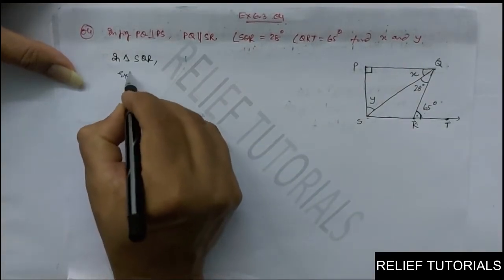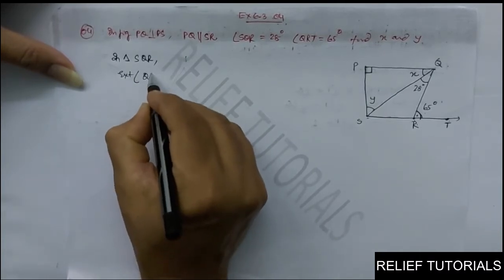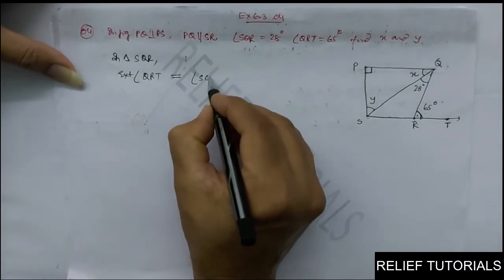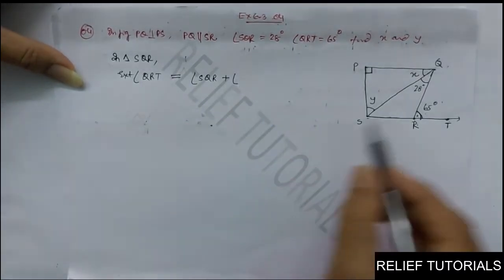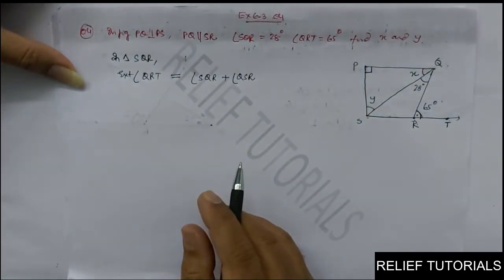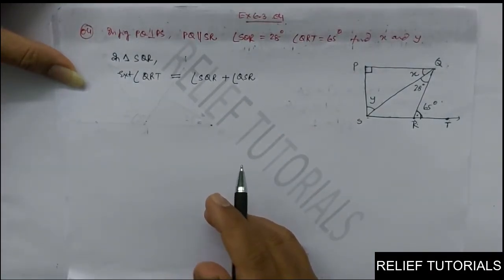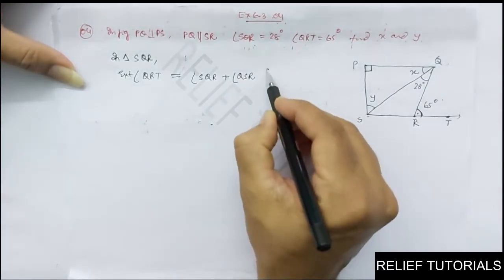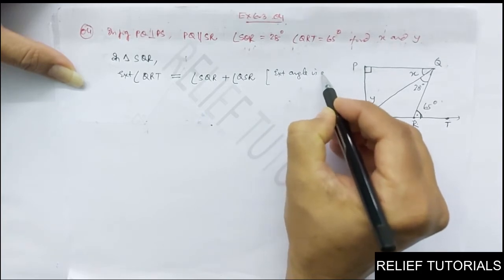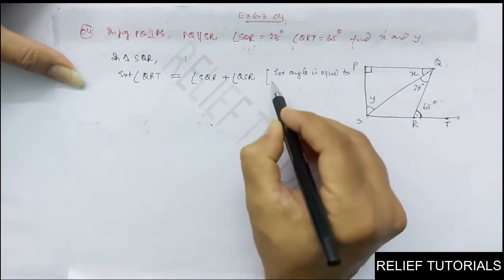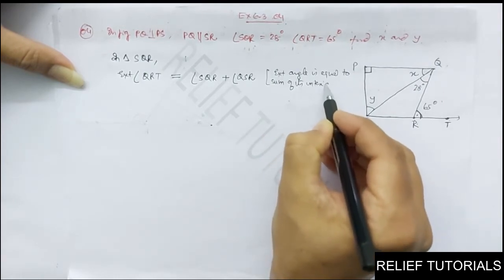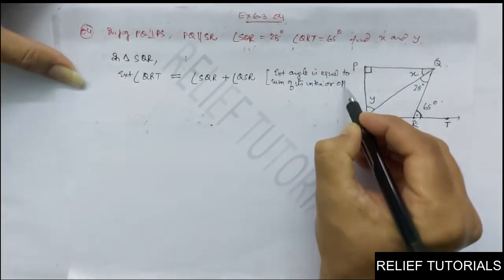So I can write exterior angle QRT is equal to angle SQR plus angle QSR. You know the reason. Exterior angle is equal to the sum of its interior opposite angles. If you want to write, you can write here: exterior angle is equal to sum of its interior opposite angle.